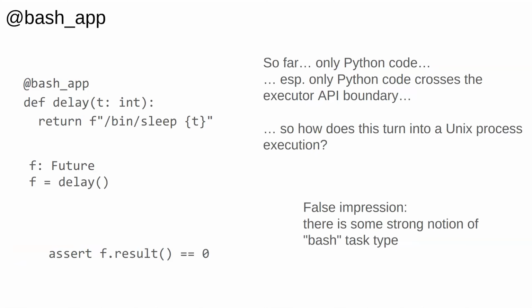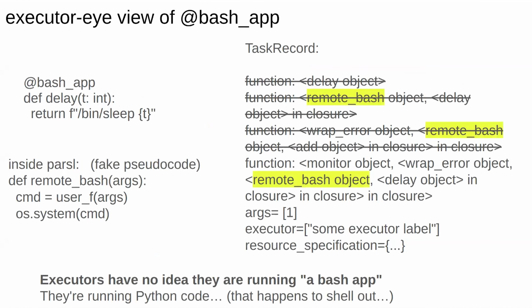But this syntax, because we have a separate decorator, sort of tricks people into thinking there's some strong notion of a bash task type that's distinct from the Python task type. But hopefully that earlier API stuff you've seen shows that there isn't some different task type, right? This is some magic that's happening. The magic that's happening is we just do another layer of wrapping. We have this remote bash executor object, which we then wrap around in here as well, which calls the user function, and then it just forks out. It does the equivalent of os.system, or a different call.